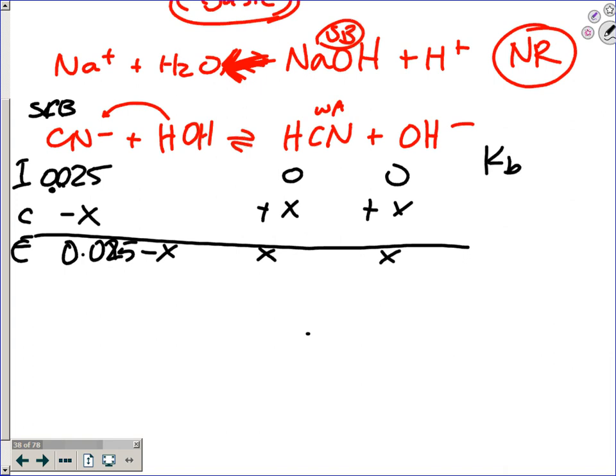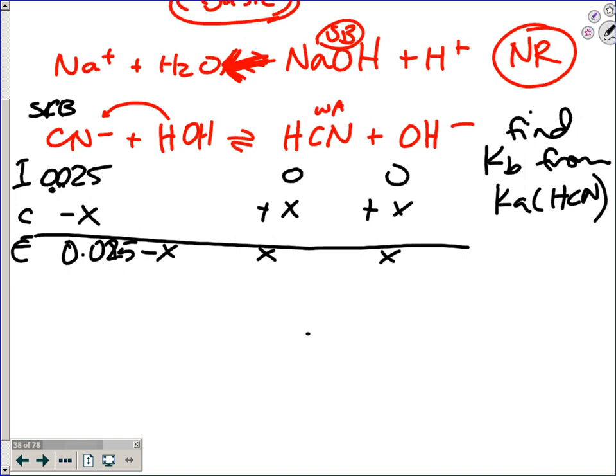But we have to find the Kb from... Well, we use Kw, but we also must have the Ka of what though? Cyanic acid. So you'll find Kb from the Ka for cyanic acid, because this counter ion, the conjugate base, is coming from cyanic acid, so that's your comparison.